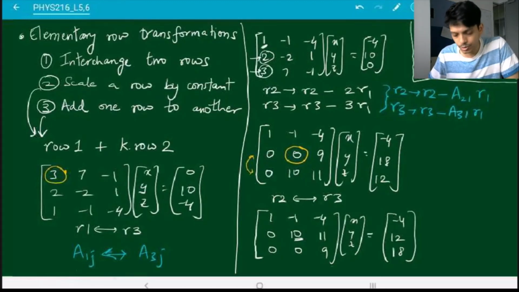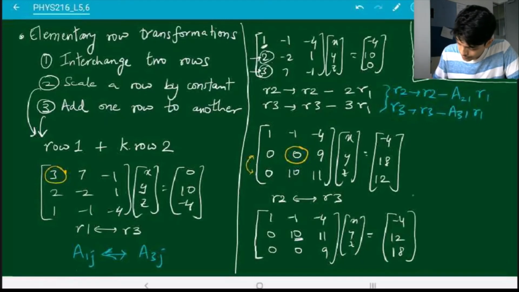So for all j, when you're doing programming, think of it as a loop over j, with j going from 1 to 3, or in range 0 to 3. You're saying A1j and A3j get interchanged.